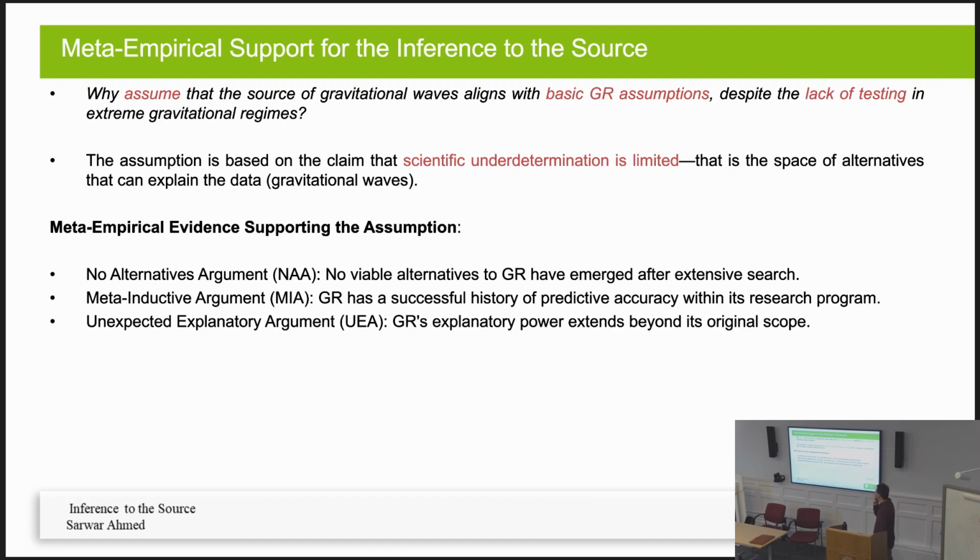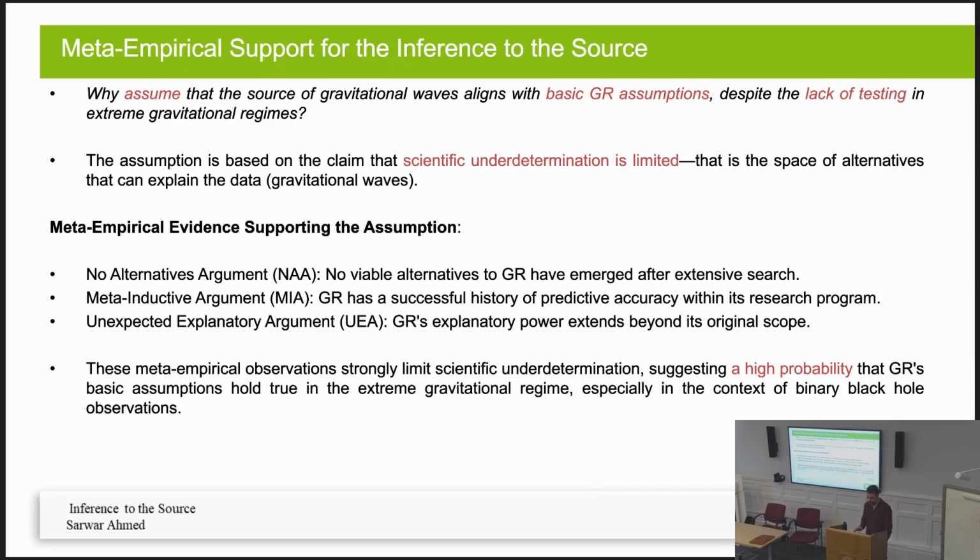And third, in the case of the unexpected explanatory argument, GR's explanatory power extends beyond its original scope. So these meta-empirical observations strongly limit the scientific underdetermination, suggesting a high probability that GR's basic assumptions hold true in the extreme gravitational regime, especially in the case of binary black holes.